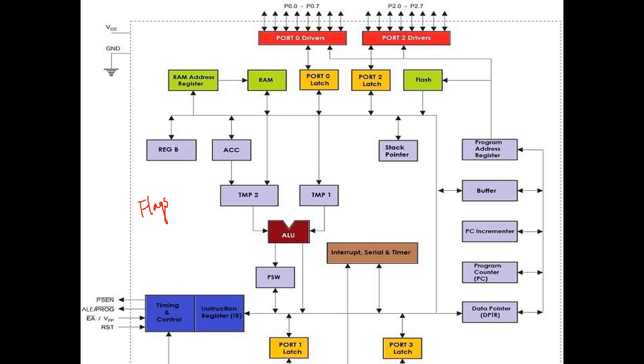I think everyone got an idea about what the different flags are that we learned in the 8086 microprocessor. Out of 9, a few flags we are going to discuss in the 8051 microcontroller also. Now let us recall what the different flags are that we learned there and which are reflected in the 8051 microcontroller.